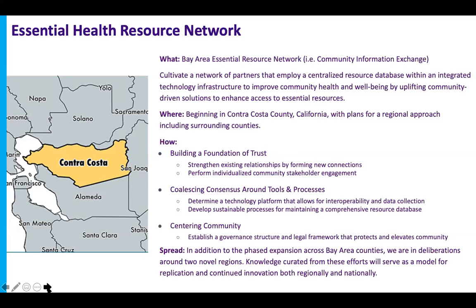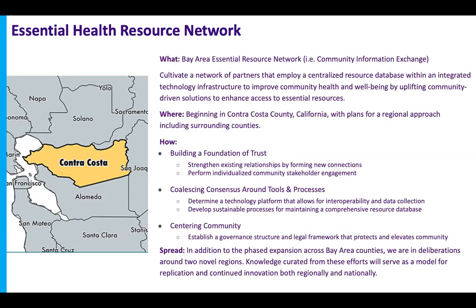And so the first thing we had to do was build a foundation of trust. We knew that community-based organizations had a relationship with one another, but oftentimes there are still disparities in processes between each other, and in how community members received the respective resource.